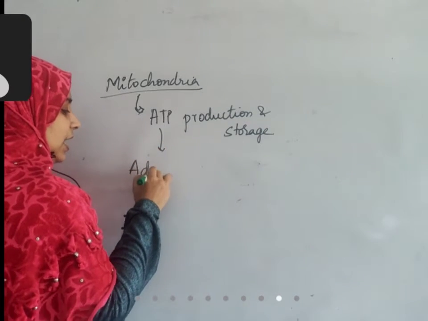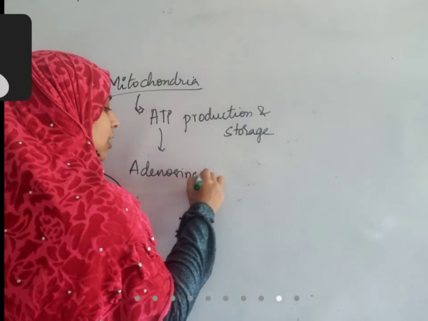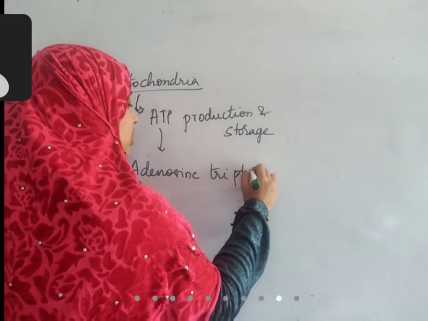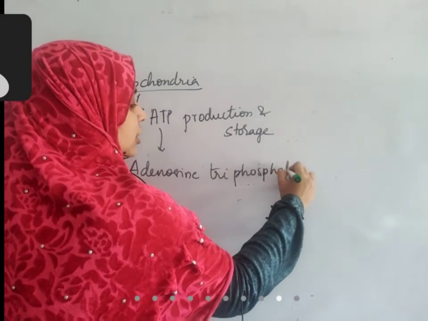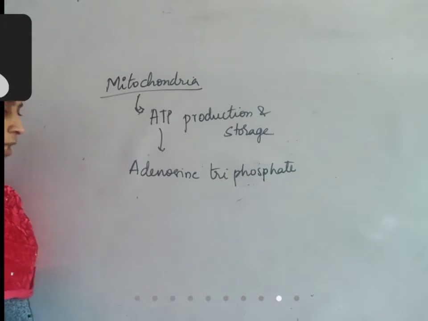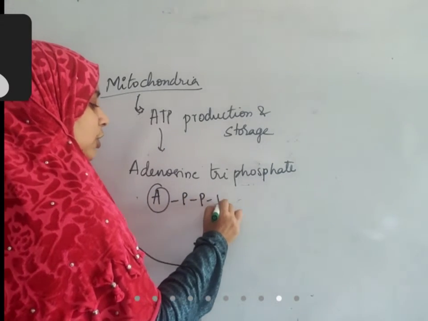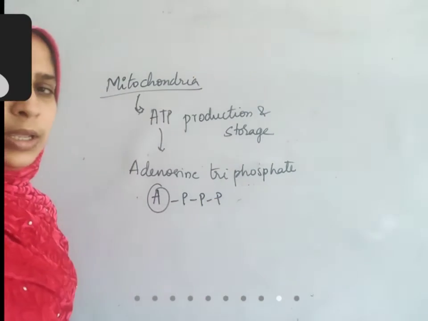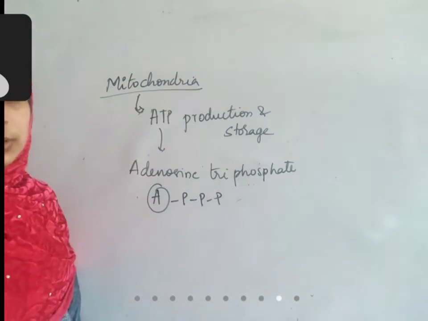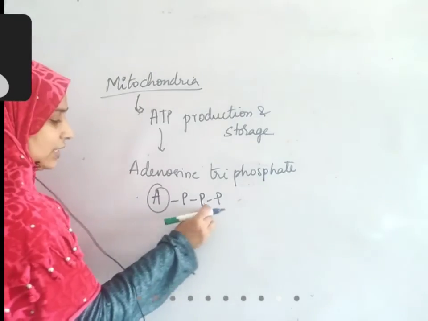ATP means adenosine triphosphate. It is the energy currency of our body. That means one adenosine molecule will be there, with phosphate, phosphate, phosphate, PO4 phosphate molecules attached like this.